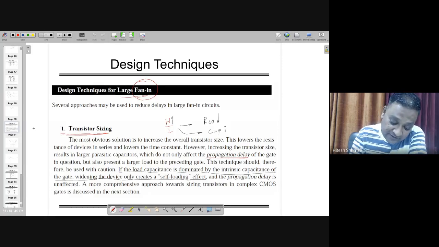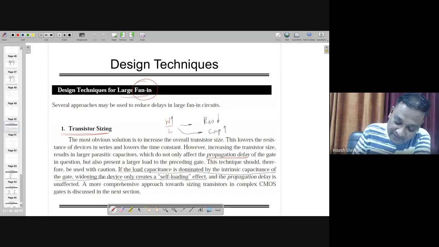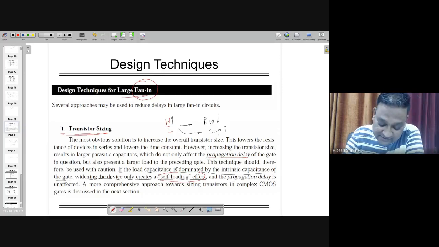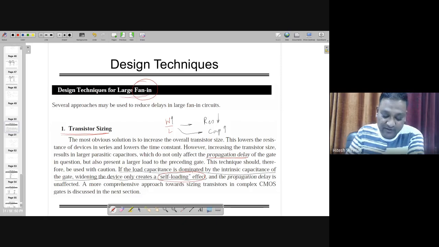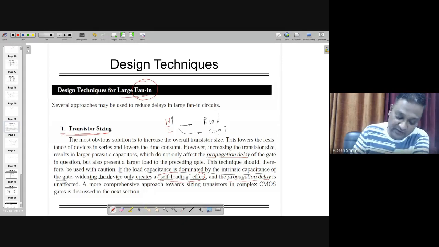Or even if no capacitance is considered, the capacitance offered by the transistor itself in a high frequency model, self-loading effect should not be occurring. If it is occurring, then you have to take it into account accordingly. And of course, those things will change the propagation delay, and consequently other timing specifications as well.